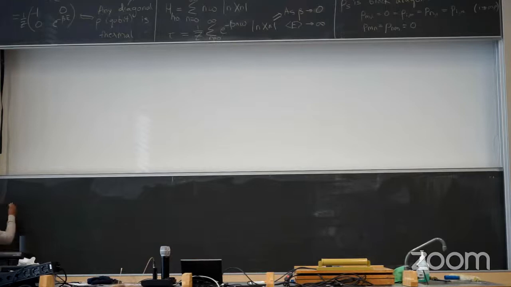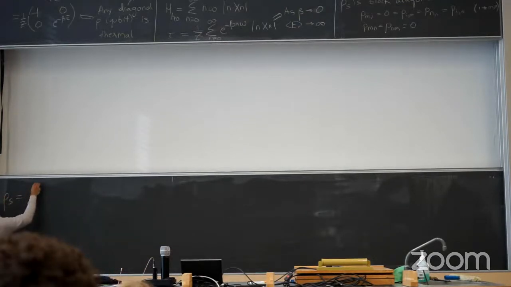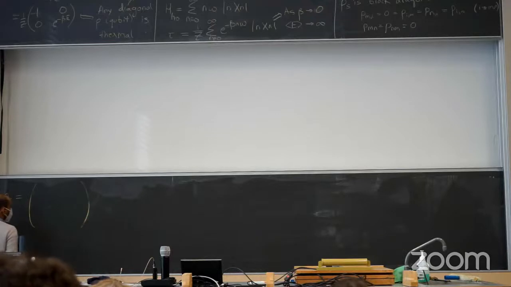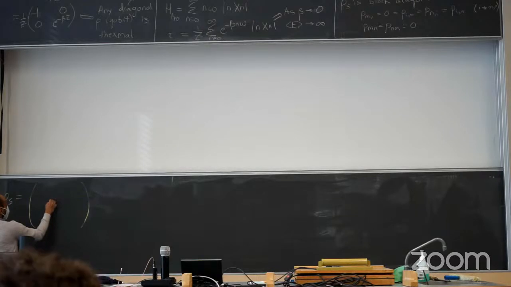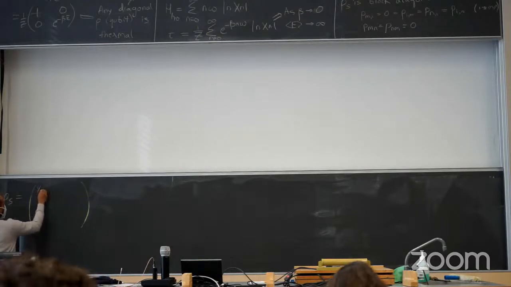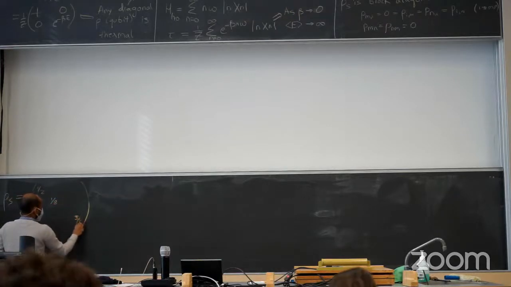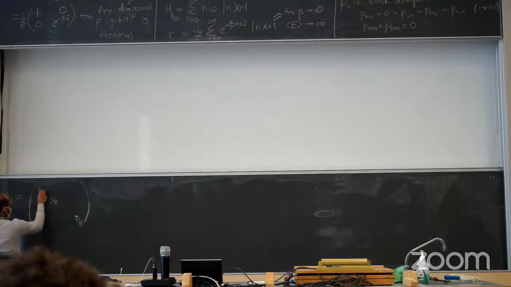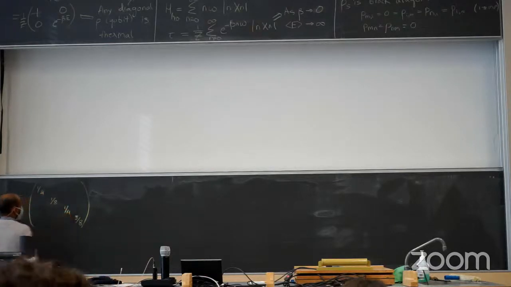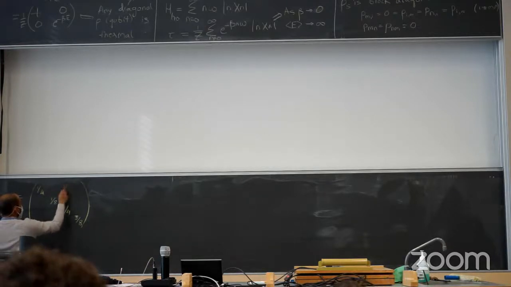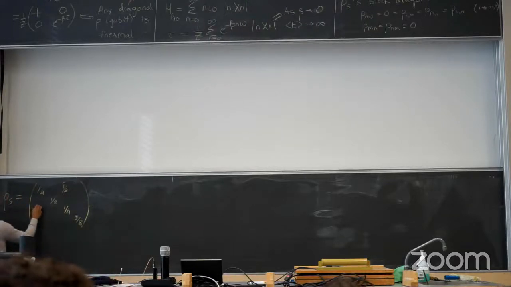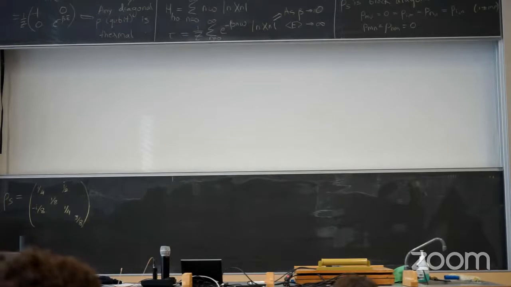So let me give you a simple example. Let's say rho S is a 4-level system, and this is, let's say, 1/2, 1/8, 3/8, sorry, that's 1/4, 1/4, and then I have 1/8 I and minus I/8. Okay, and the rest are all 0.